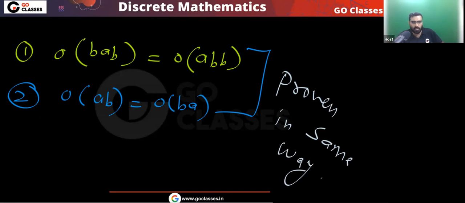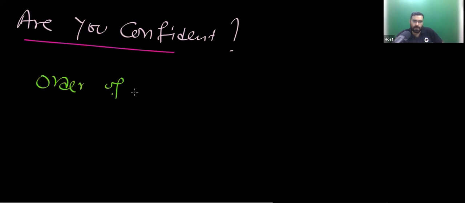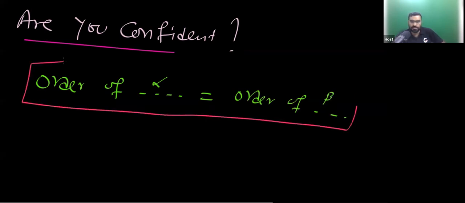So are you confident now that in the exam, if they give you this type of question, you can handle it? If they ask something like order of alpha is equal to order of beta, and you want to prove this, can you do this?